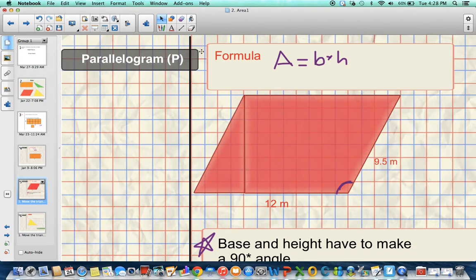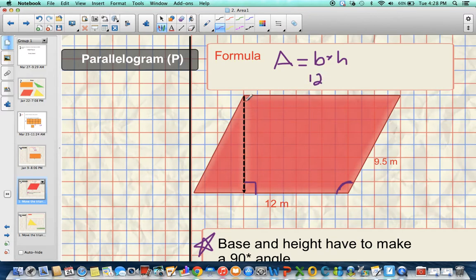You will notice in a lot of parallelograms, basically what happens is there's just a dotted line through it. And that dotted line then creates your base and your height, because there's my 90-degree angle. So if that's the case, this is my base no matter what. So in this case, I have 12.